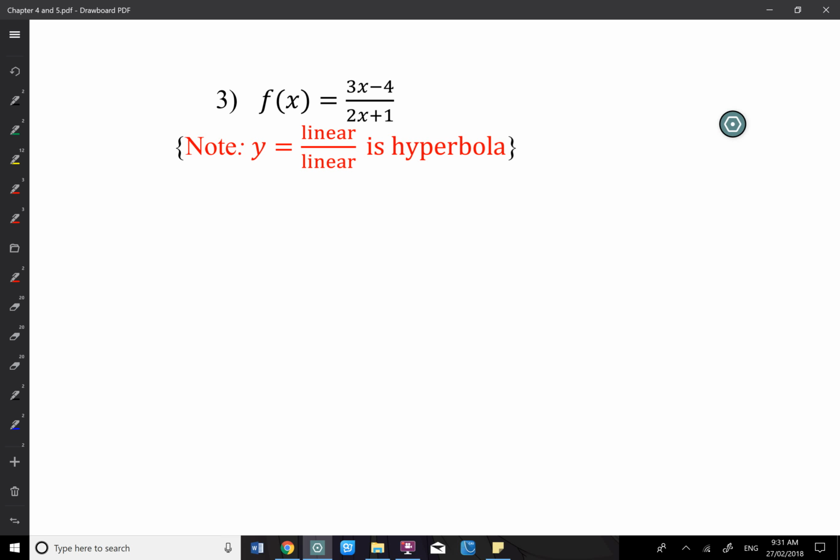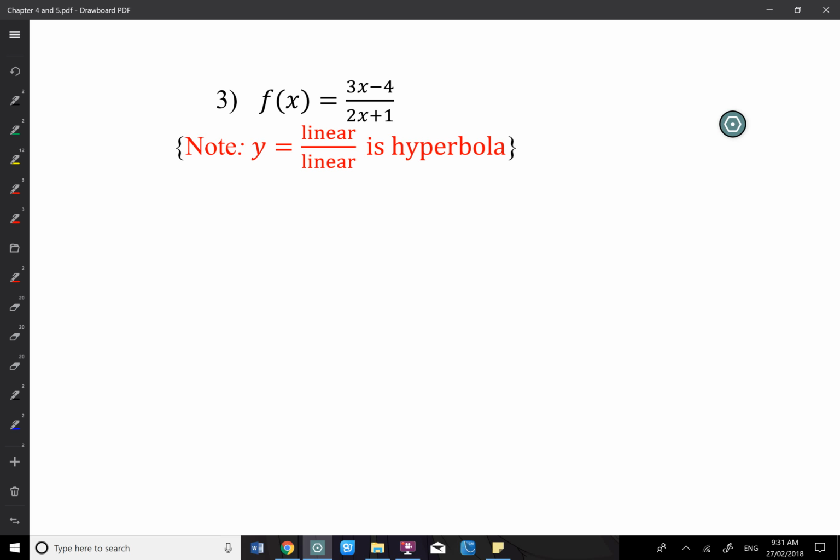Any questions? Yes? If you have an equation that is a constant over a linear, and you want to find the x-intercept, you still make y equal to 0.